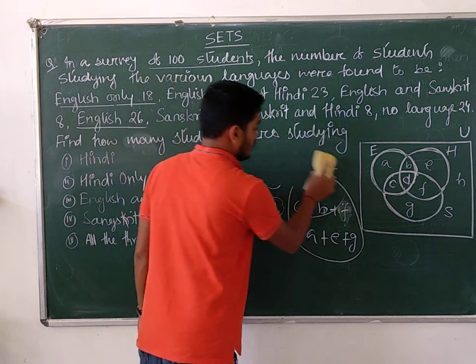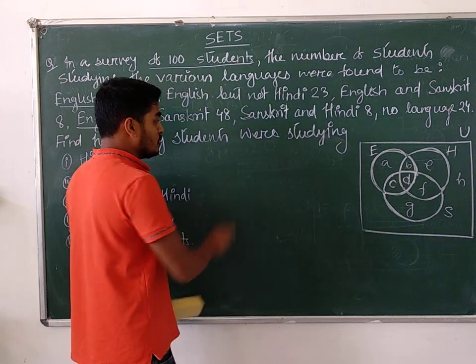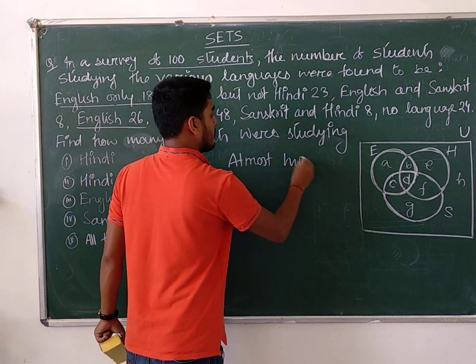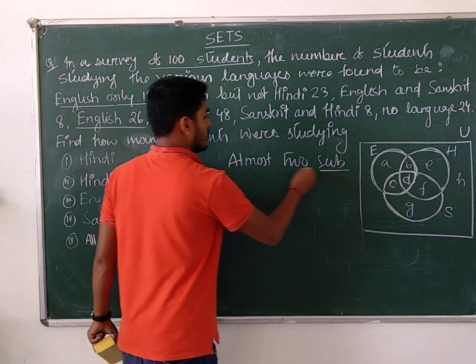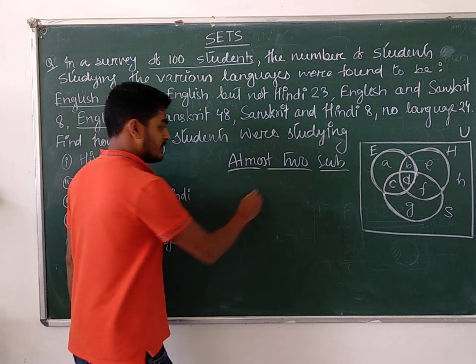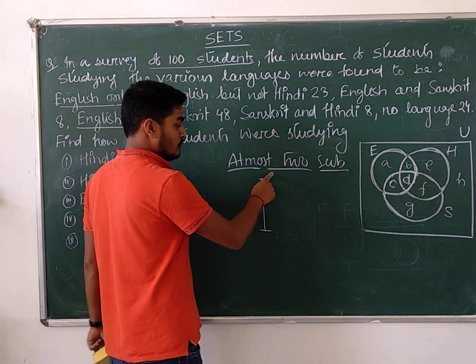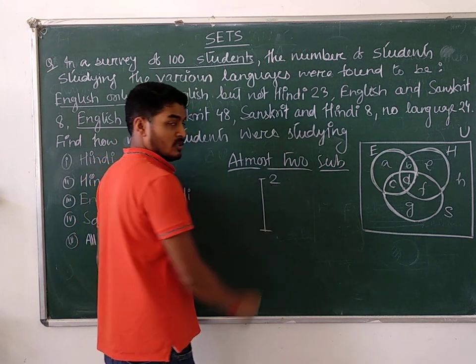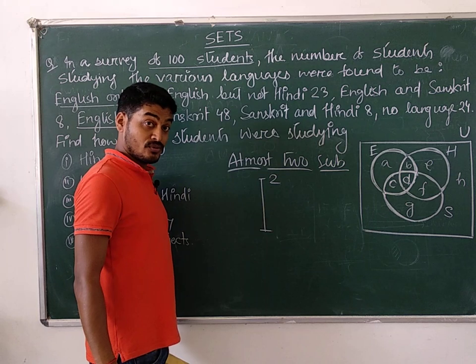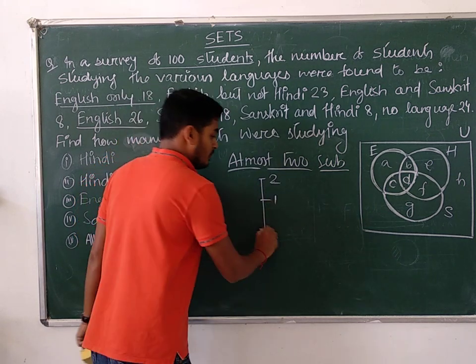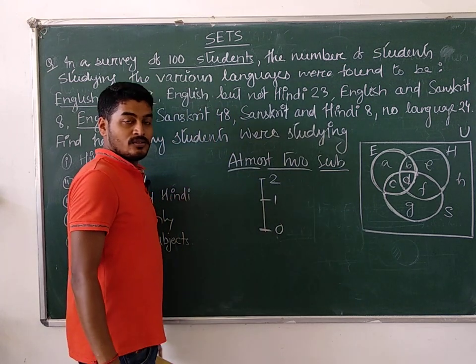Just go through it. Suppose at most two subjects. At most two subjects, so this one is the maximum portion and this one is the minimum portion. At most 2 means the maximum number of subjects will be 2. You have to think about the minimum numbers also. So from 2 to the minimum, a student may read one subject or may not read any. So what are the possible values?